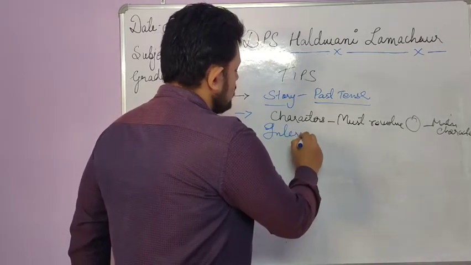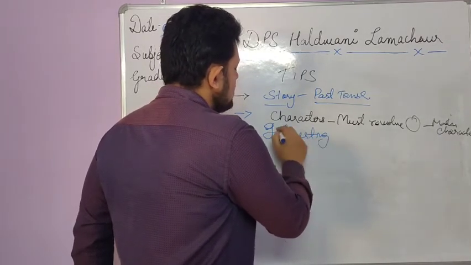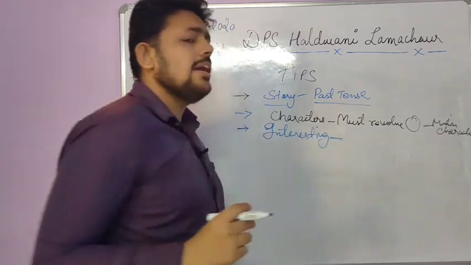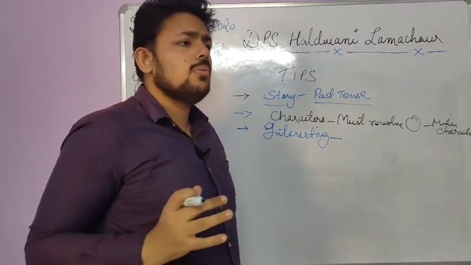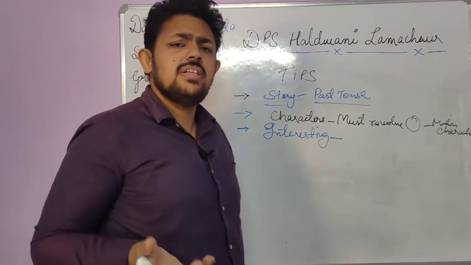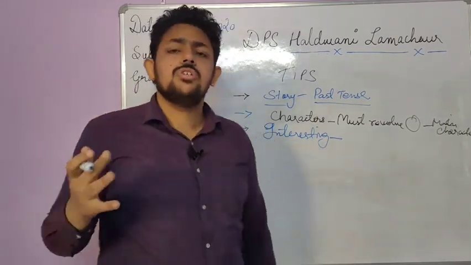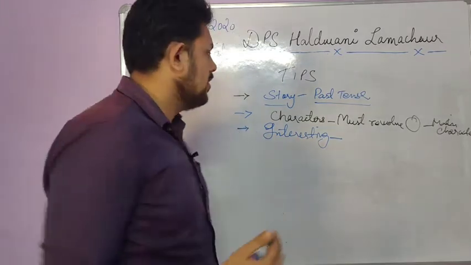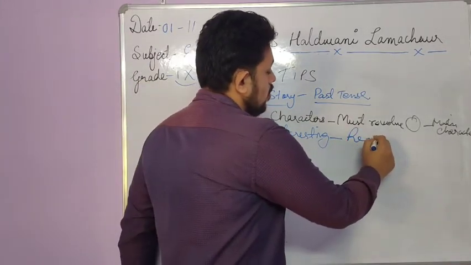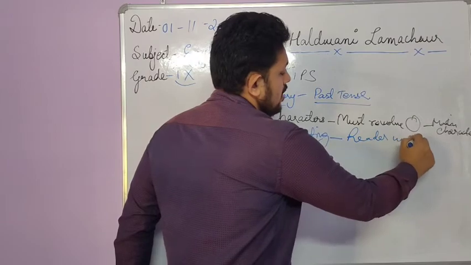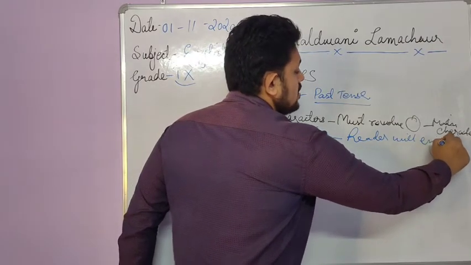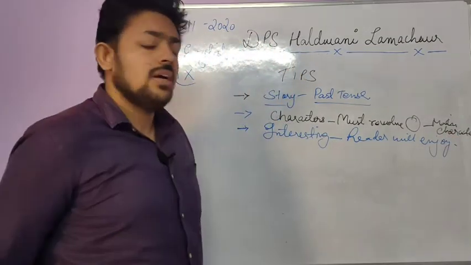To make your story interesting, you must write very fictitious events. Okay, you can write some events which the reader will like to read about. The reader will enjoy. It must be enjoyable also.